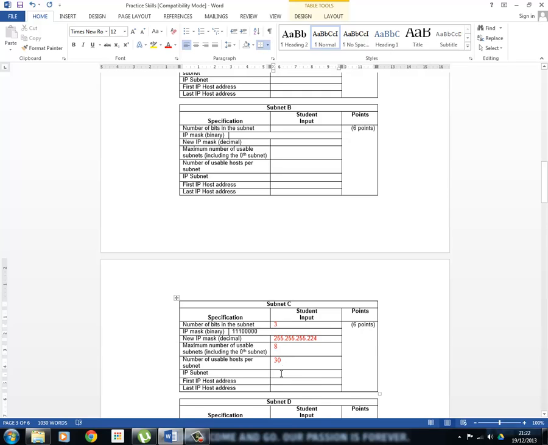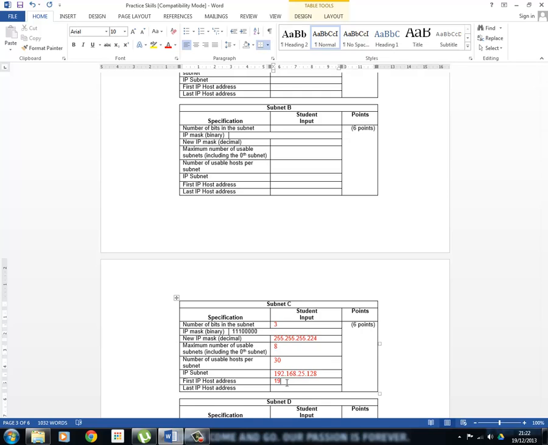IP subnet is going to be the 128 because that's the start point. 192.168.25.128. And if you want to put the CIDR on there, you can do, which is 27. So that'll be a slash 27. What is the first available IP address within this network?